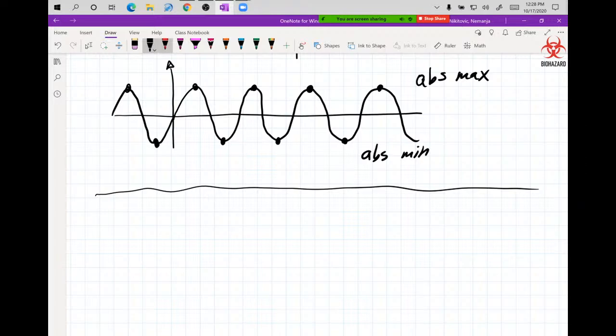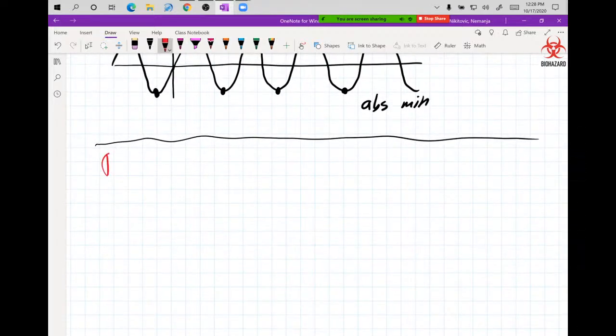So here it is, definition written in blood. This can pop up on the exam as something you need to know.